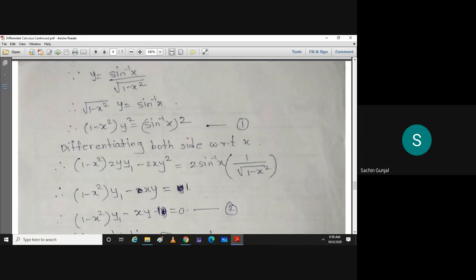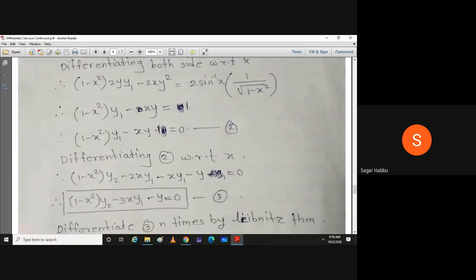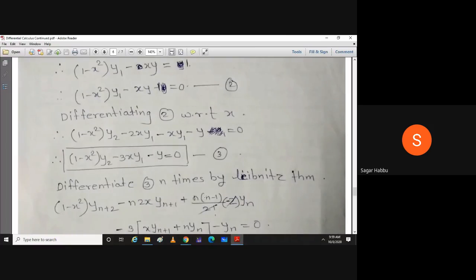Can I scroll down? Yes, sir. One example is there in the tutorial on this Leibniz theorem of this kind.